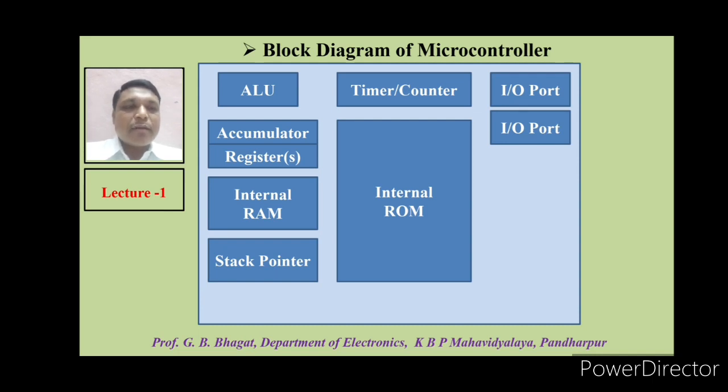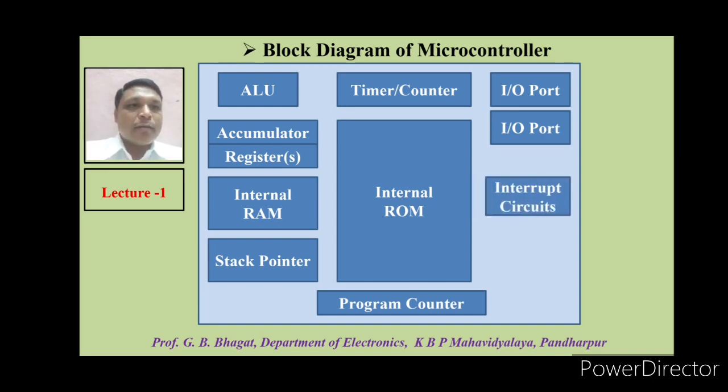Here, stack pointer has the same function as that of the microprocessor, which points to the stack of microcontroller. Then it also has program counter. Here program counter also has the same function as that of the microprocessor, that is to give proper sequence to the program. Then interrupt circuits. This block handles various interrupts in the microcontroller.